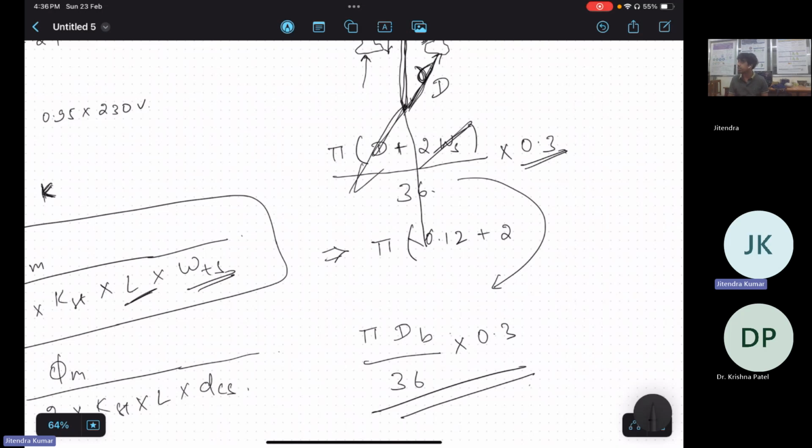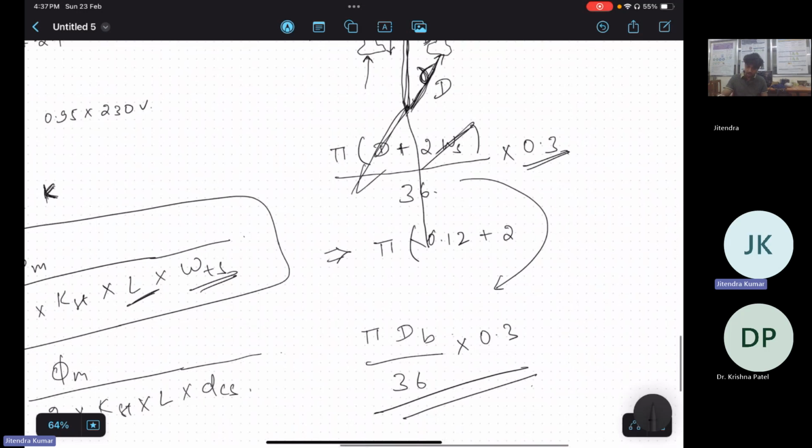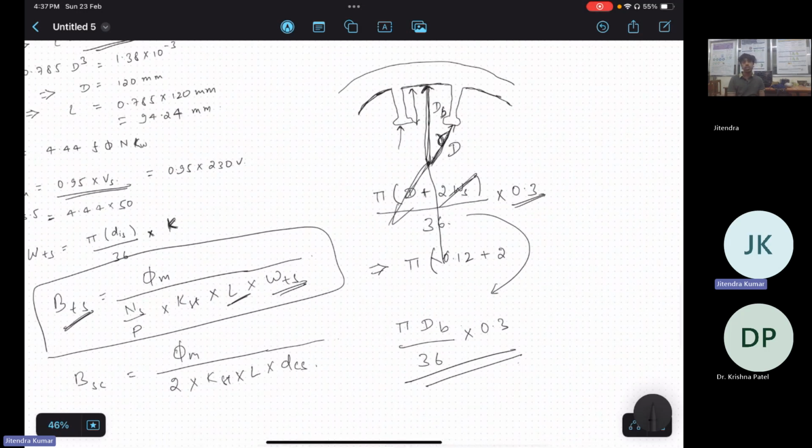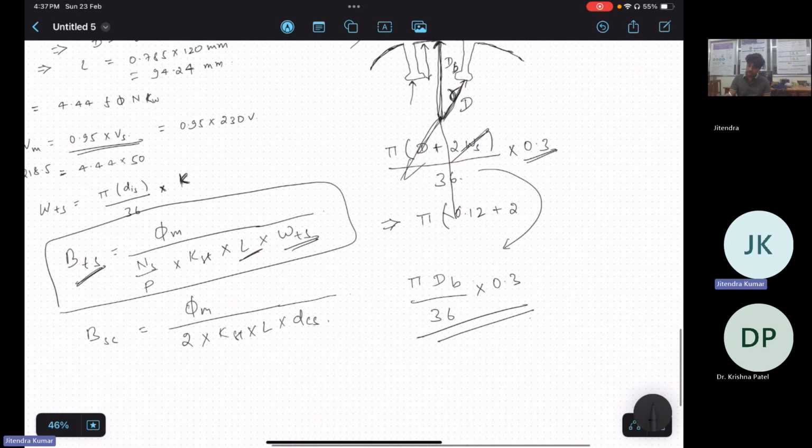Any doubt here? So with the help of this aspect ratio, you will be able to get pi DB, or sorry, this WTS.